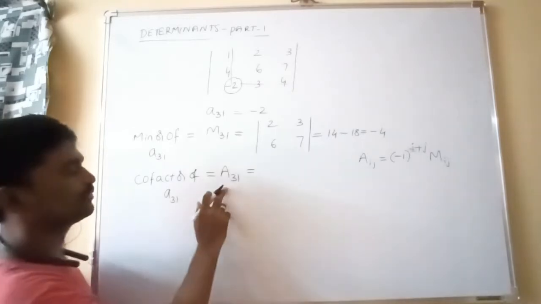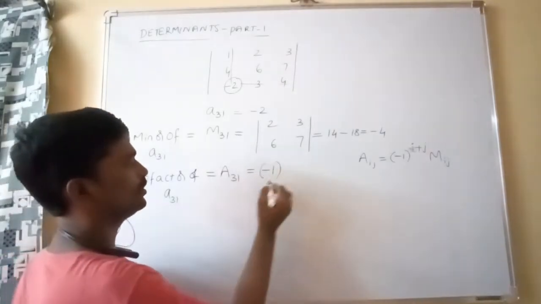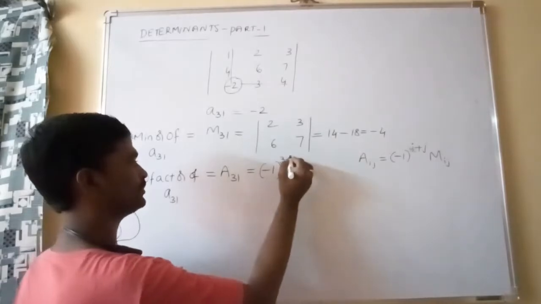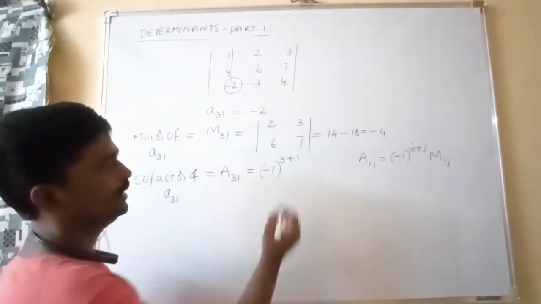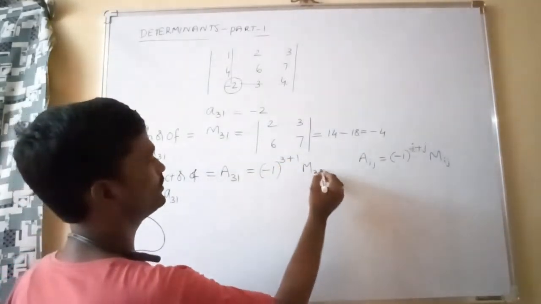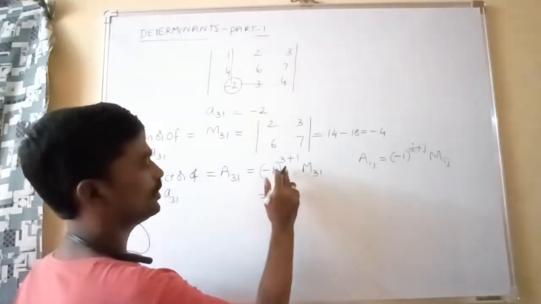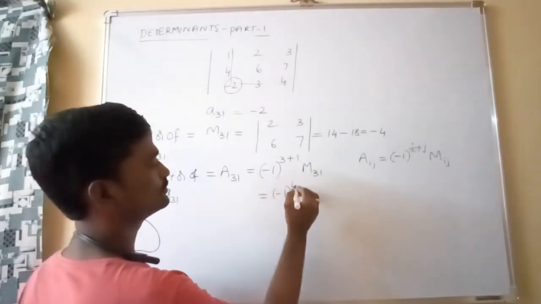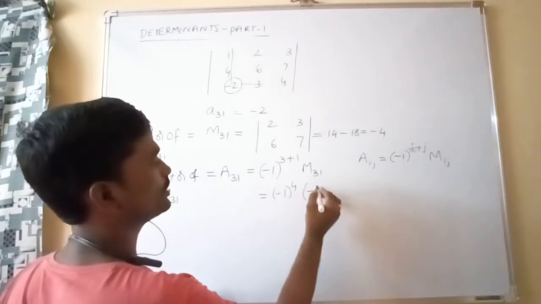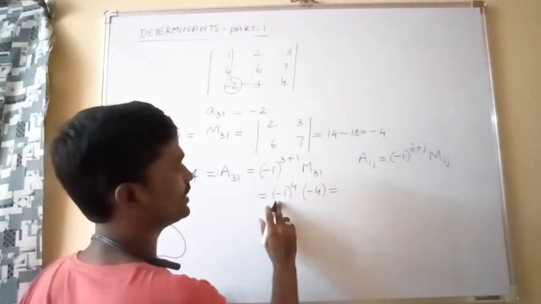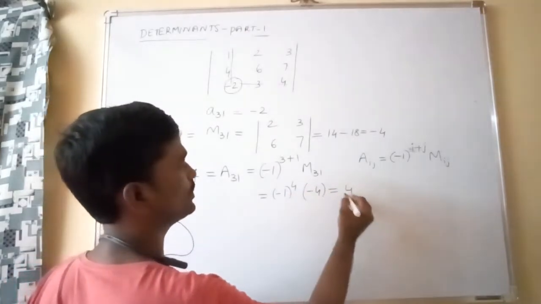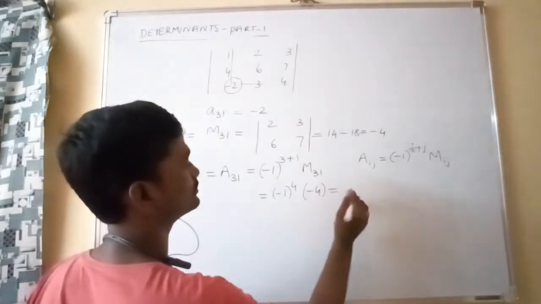So the cofactor of A31 is equal to minus 1 whole power row index 3 column index 1 into the minor M31. So minus 1 whole power 4 into M31. What is the M31 value? Minus 4. Minus 1 whole power 4 is 1. 1 into minus 4 is minus 4.